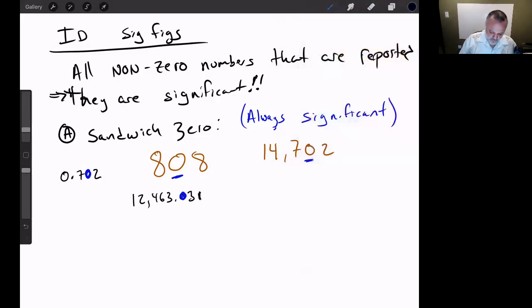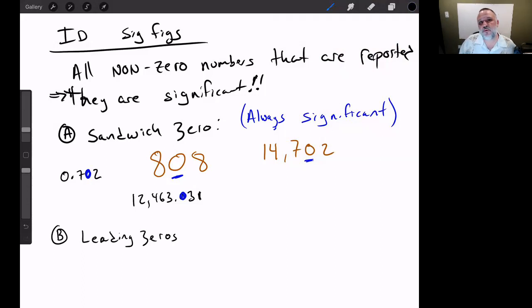Another situation where zeros occur that is also easy to deal with are what I call leading zeros.